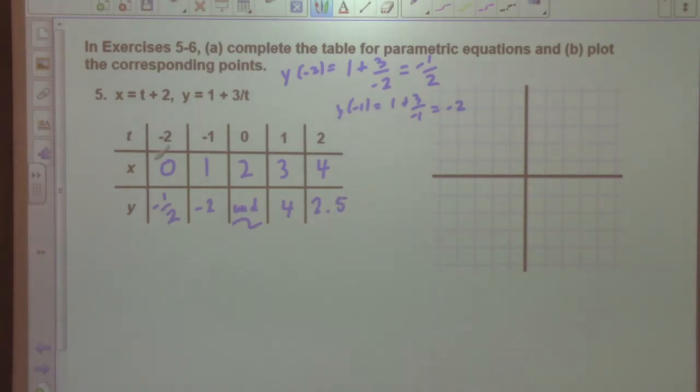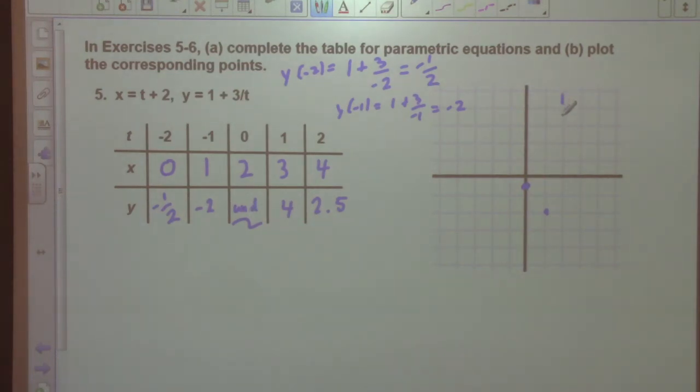So now we have all these points that we can plot. And so this is an XY coordinate pair. So we have x equals 0, y equals negative 1/2, x equals 1, y equals negative 2, x equals 2, y is undefined.